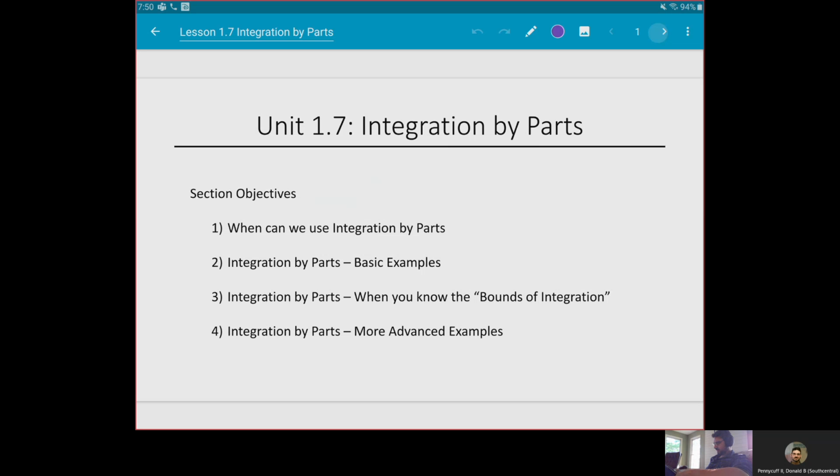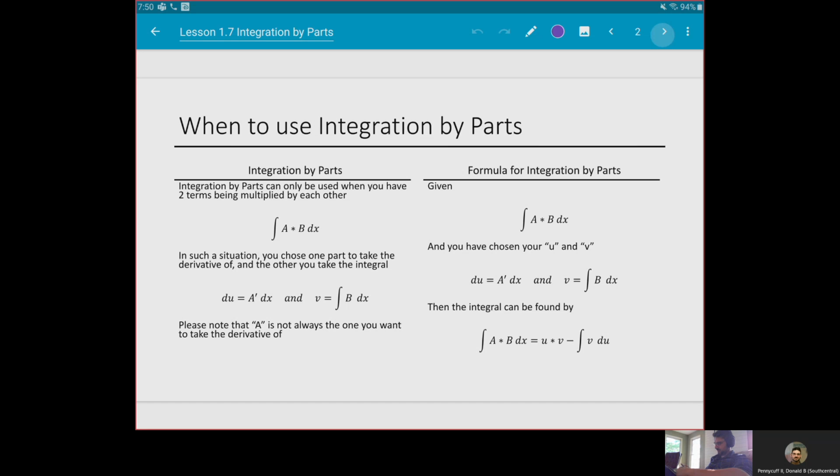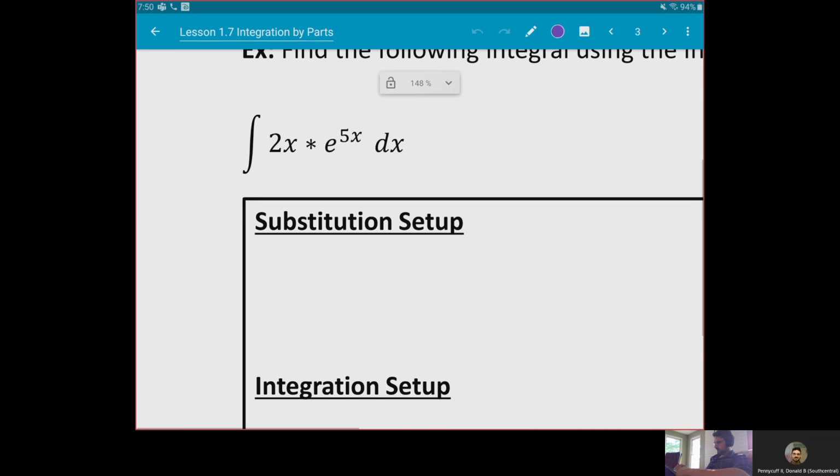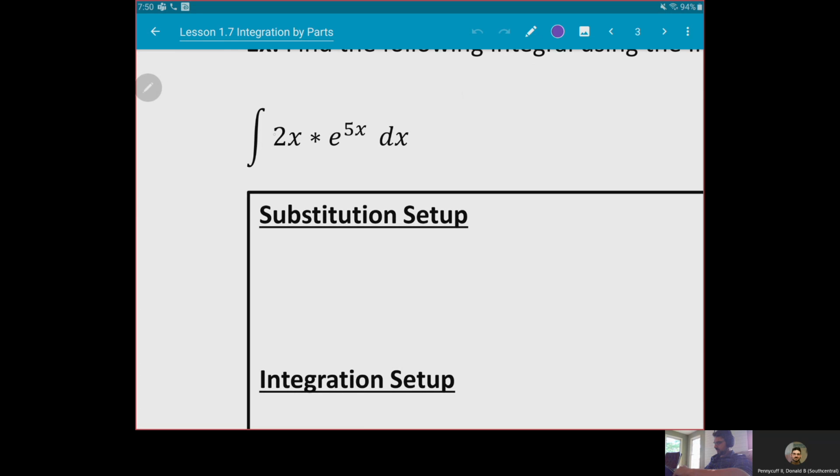Okay, now integration by parts can only be used when you have multiplication. So right here is the official definition, but let's get to some examples so you can see what all these letters actually mean. Okay, so right here, integration by parts only works when you have two things being multiplied together, A times B. That's the only time that it works.